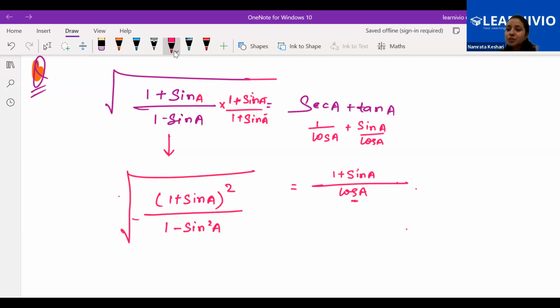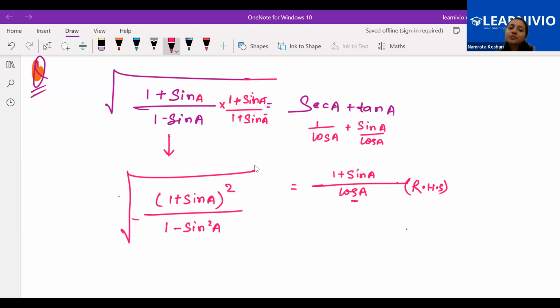Yes or no? Yes. Are you able to see that we are already getting the right hand side which Aisha has done? Yeah. So we are able to prove left hand side is equal to right hand side.